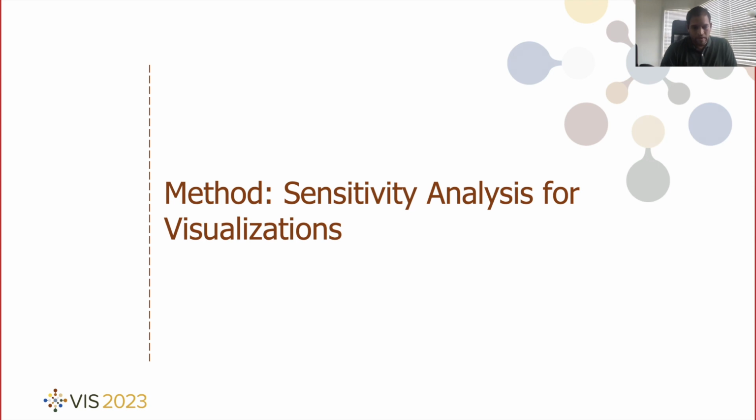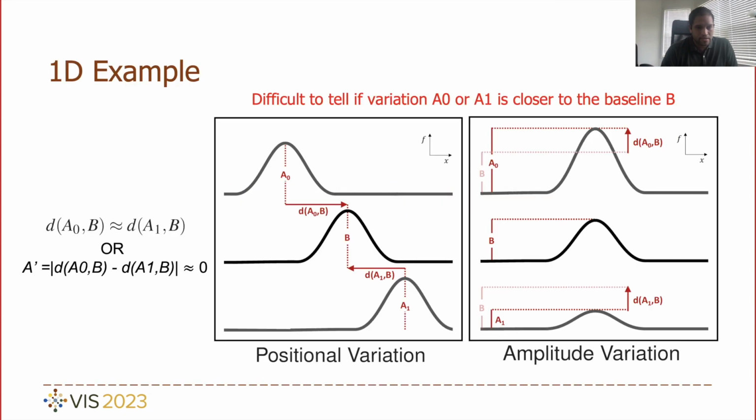Now I'll briefly describe our approach for sensitivity analysis of visualizations. Here is a 1D example scenario where variations A0 and A1 are about the same distance from the baseline Gaussian, which is represented as B. For such a scenario, the value of this distance measure A dash is close to 0.